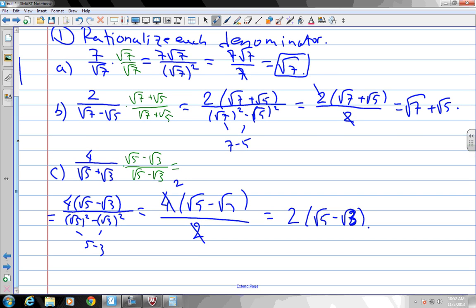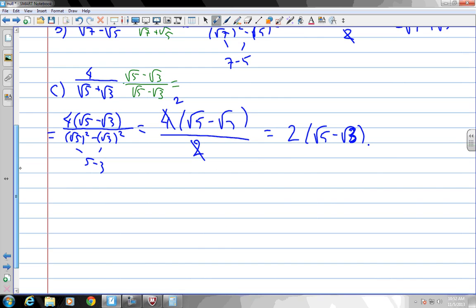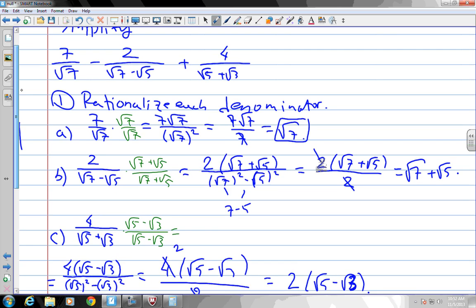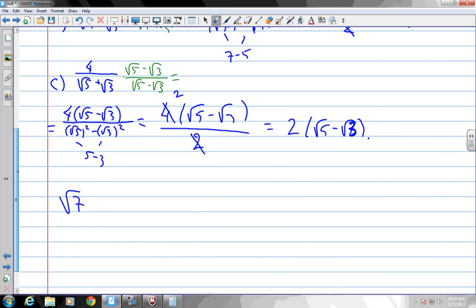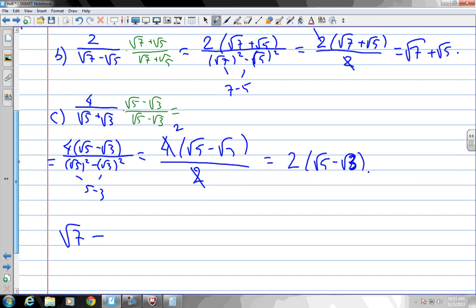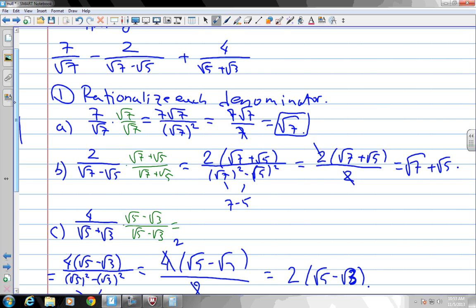So this whole problem, remember what that problem was. It was the first expression. So the first expression turned into the square root of 7, right? Minus the second expression. Now the second turned into a sum of root 7 plus root 5, right?